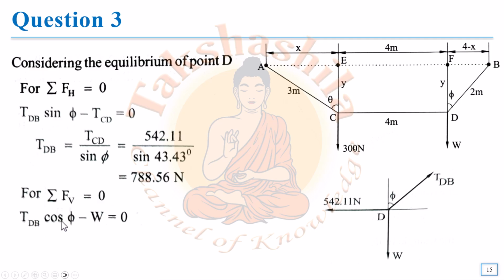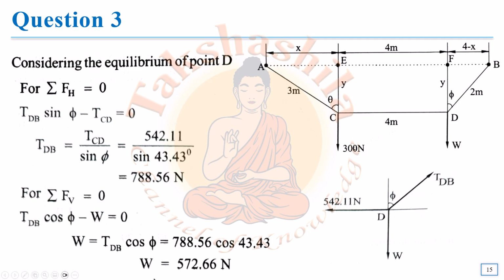So TDB cos phi minus W is equal to 0. We already know the value of TDB as well as phi, so let us substitute that and get the value of W. W is coming around 572.66. So this is how we will solve the problem.